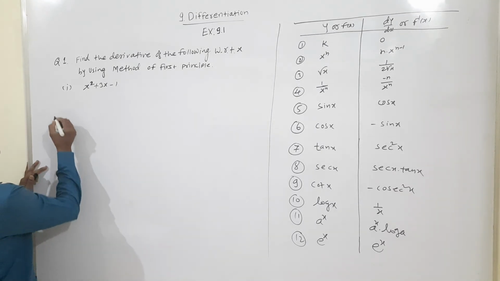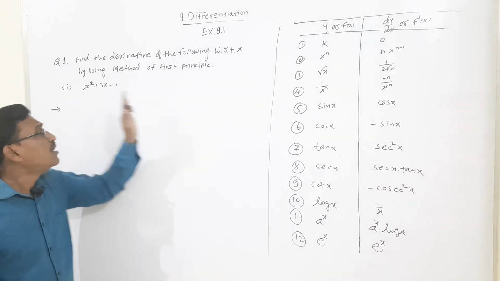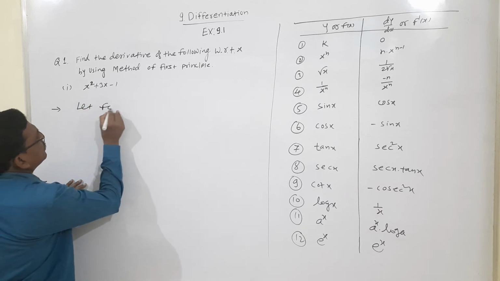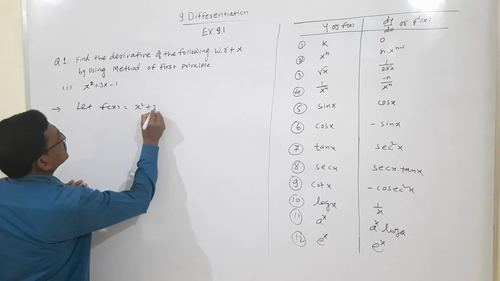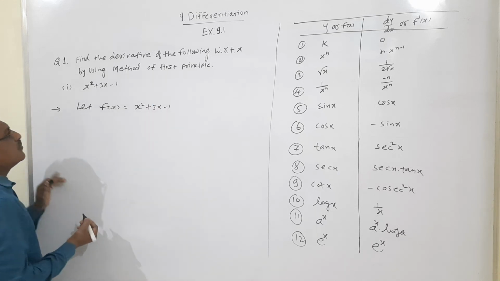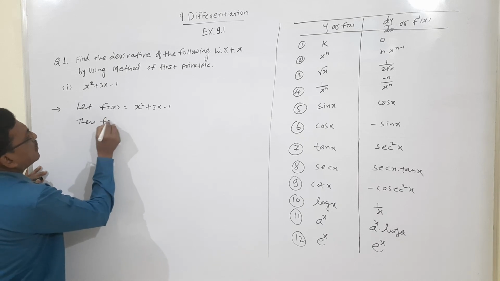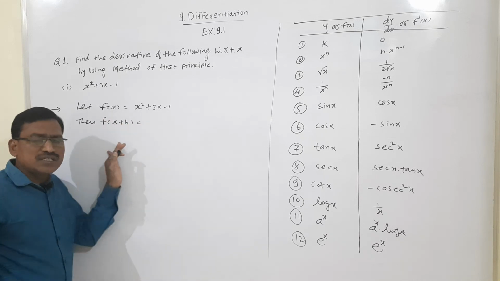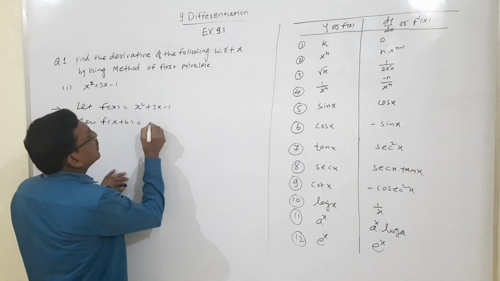So when we find the derivative of the given function by using first principle, let this function f of x be x square plus 3x minus 1. Then where there is x, we put x plus h in each x.